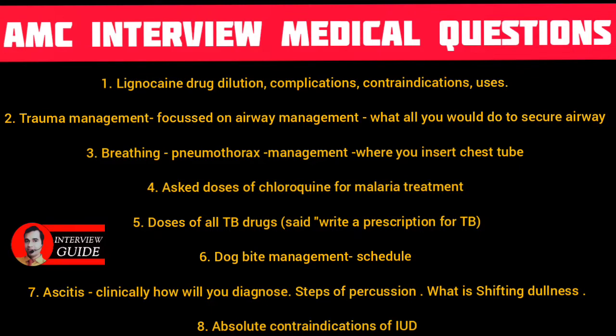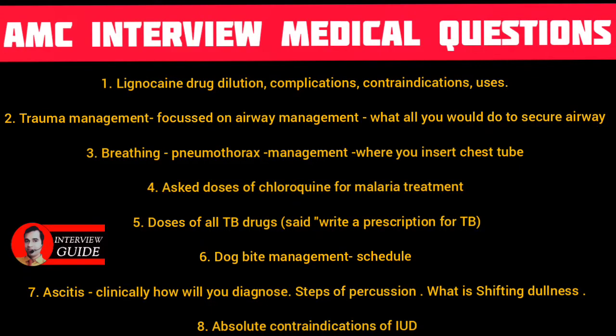For the continuation phase, that is 4 HRE, we will give isoniazid 300 milligrams, rifampicin 600 milligrams, and ethambutol 100 milligrams.